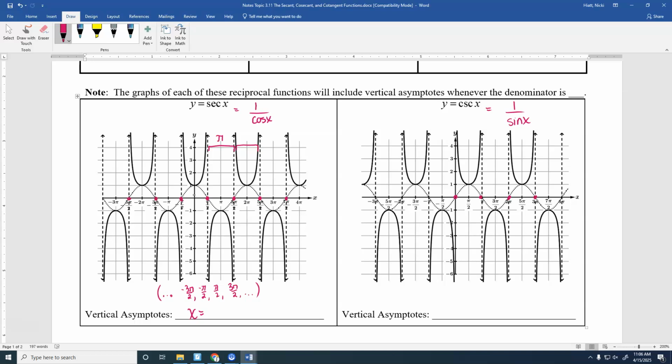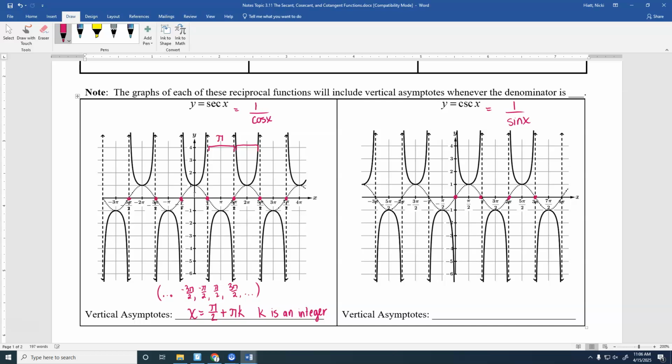So what I can do here is I can do like we did for our vertical asymptotes on some of our other things. I'm going to just pick one. Usually I pick the first positive one, which is pi over 2. And I can add pi times k. I have to say that k is an integer.